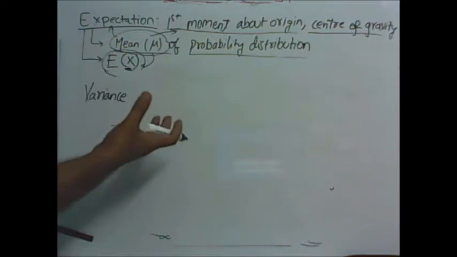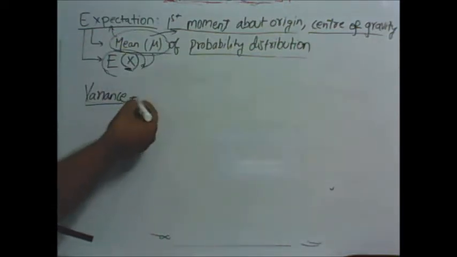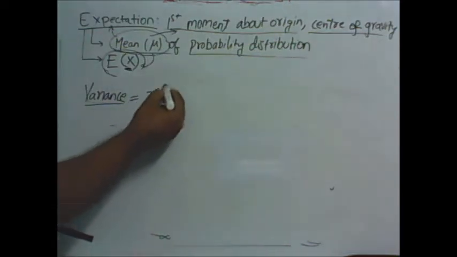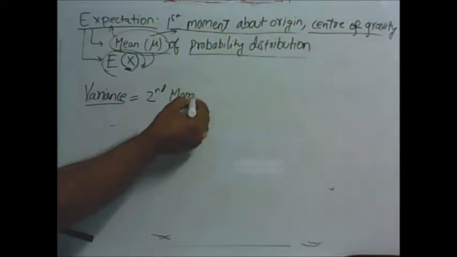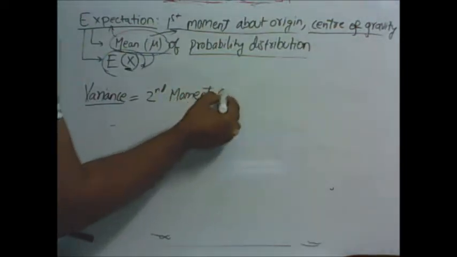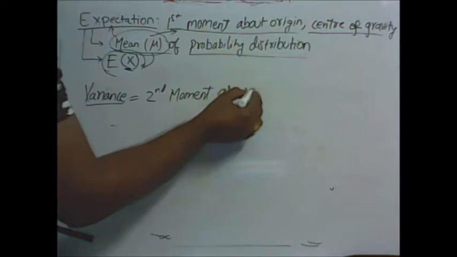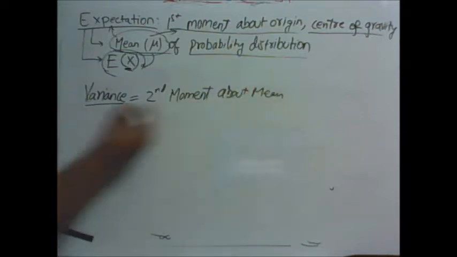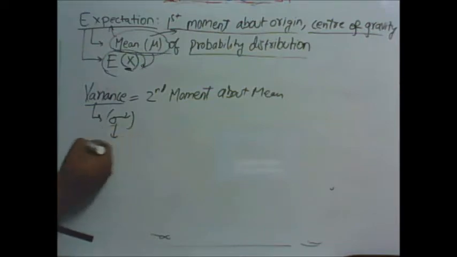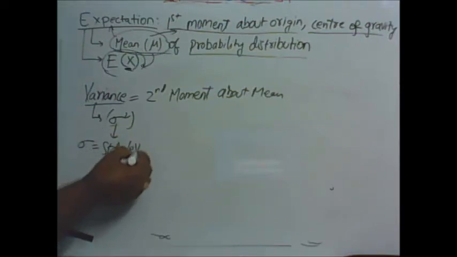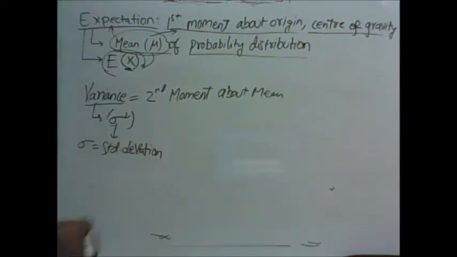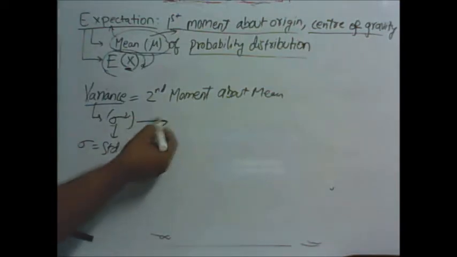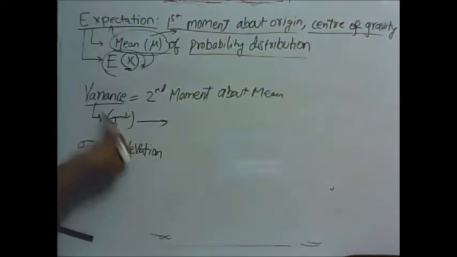That intensity is specified by variance. Variance is nothing but the second moment about the mean. It is denoted by sigma square, where sigma is the standard deviation. So sigma is the standard deviation, and sigma square is the variance.